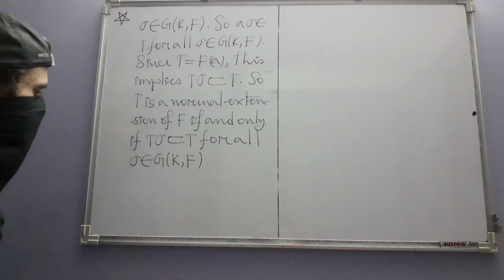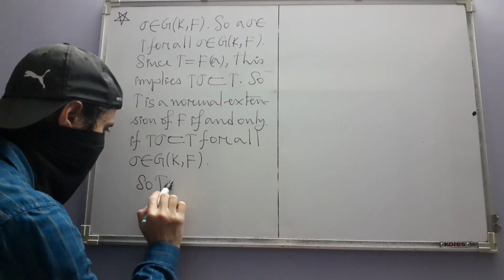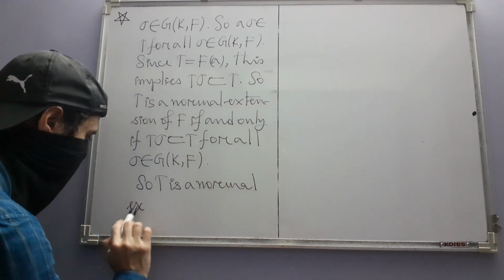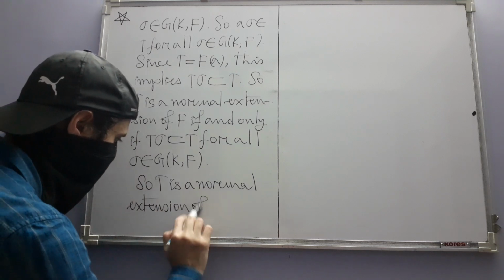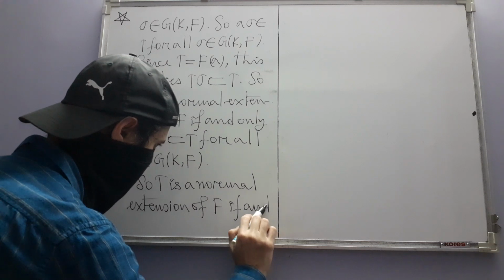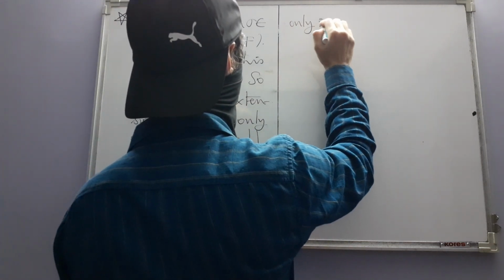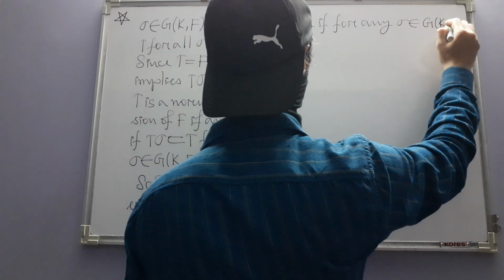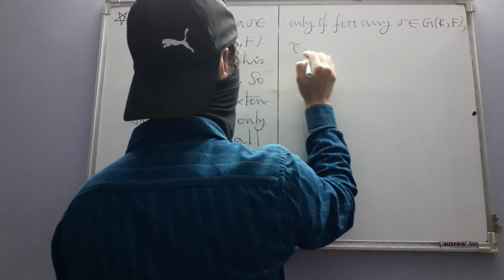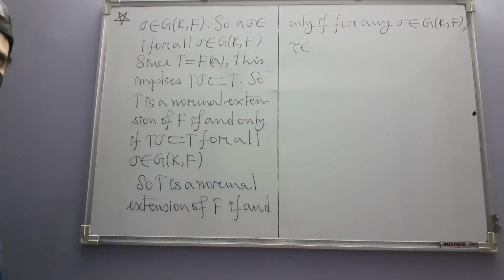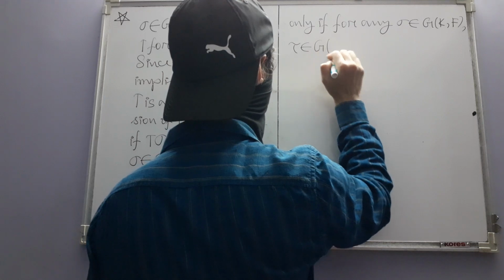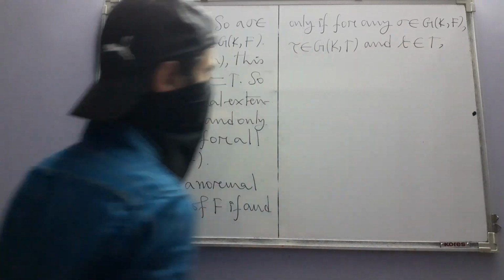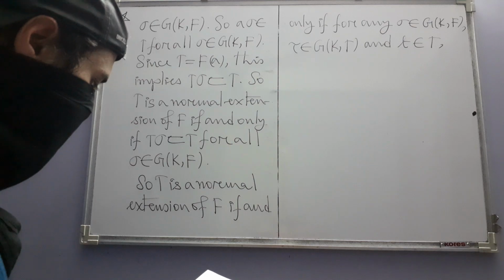Now a consequence of this is this. T is a normal extension of F if and only if for any σ belonging to the Galois group, any τ belonging to the group G(K,T), and any t belonging to T, we are going to get this.